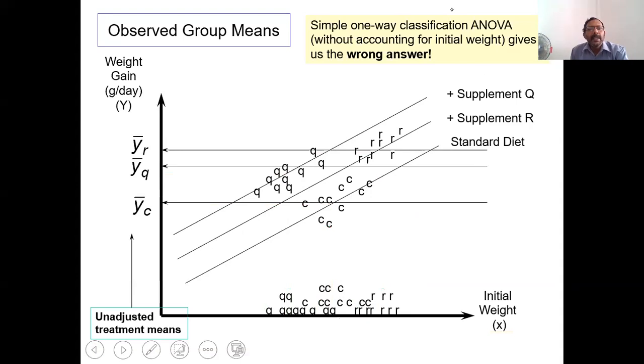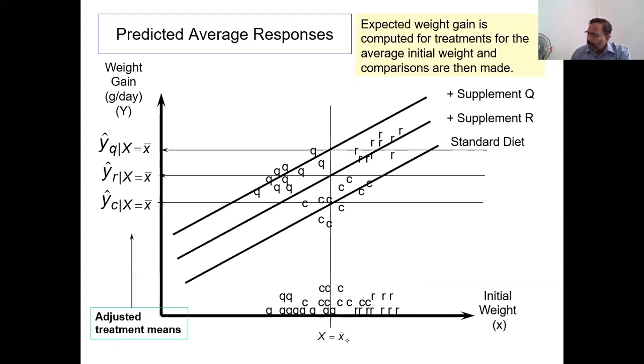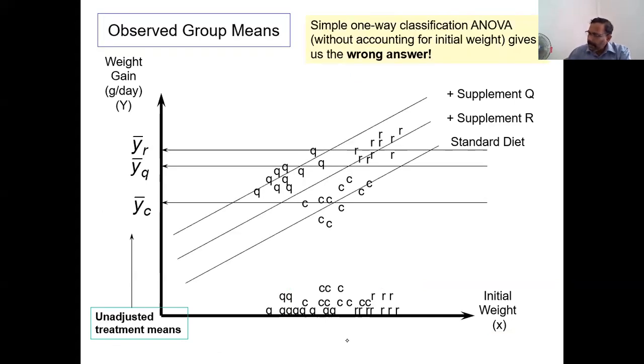Now you see, we are comparing observed group means in a simple ANOVA that we did earlier, CRD, can you remember? If we had done it in CRD, this is my result. We didn't consider the initial weight here. We don't care about it.